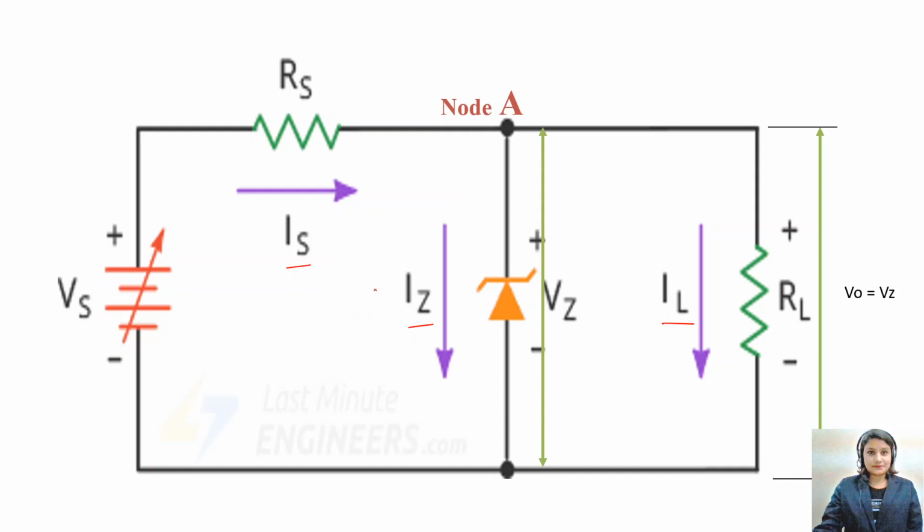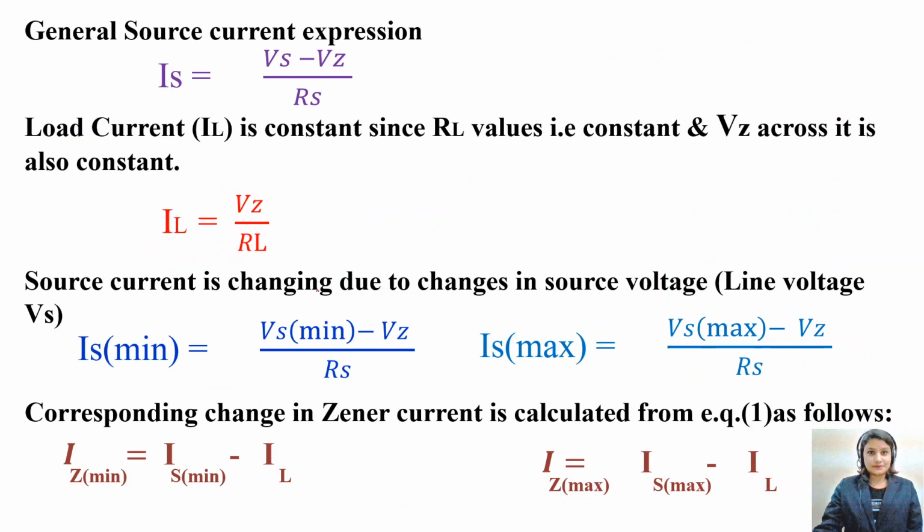It is very easy to find the expression for IL. It is the current flowing through RL, and the voltage drop across RL is your VO, which is equal to VZ, and you know that IL is a constant current. The load current will be equal to voltage divided by resistance.